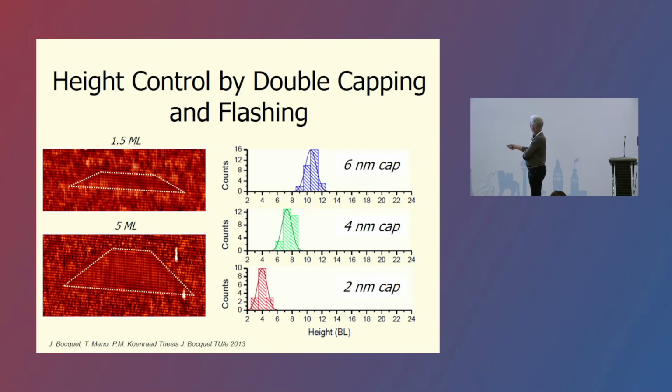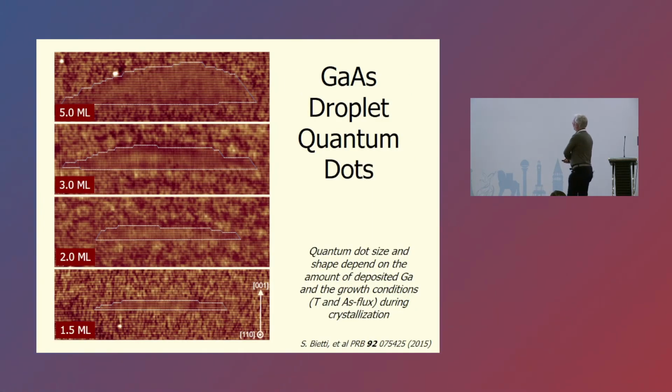And indeed, we see that there is a nice control of how we can limit the height of the quantum dots. Without this double capping method, we already noticed that you can control the height of the dots also by how much gallium you deposit, or by controlling the temperature and the arsenic flux during crystallization.